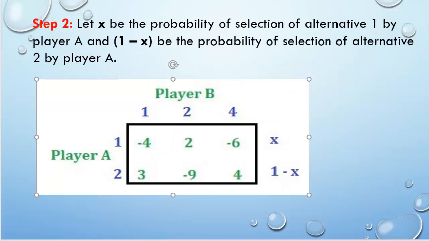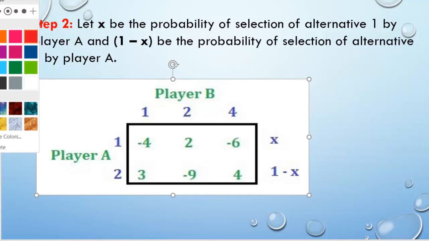Now let X be the probability of selection of alternative 1 by player A, and 1 minus X be the probability of selection of alternative 2 by player A. What does that mean? We know the sum total of probabilities is always going to be 1.